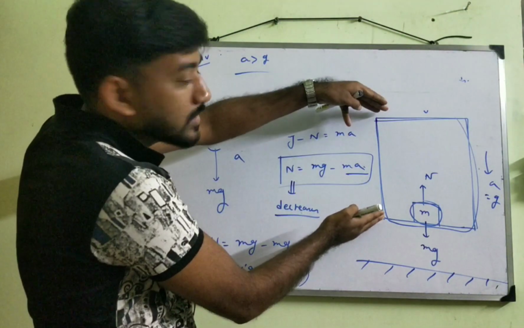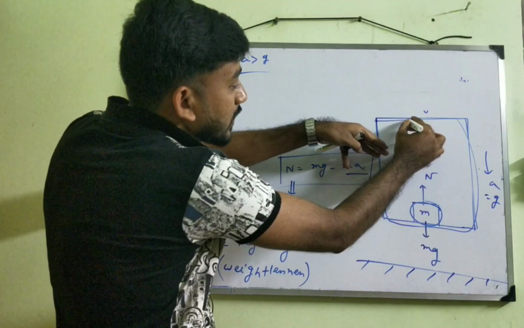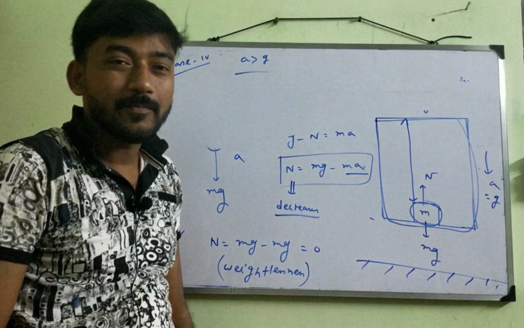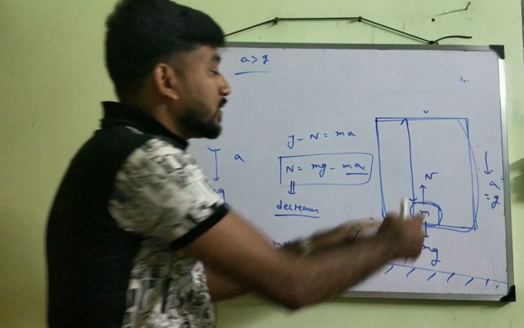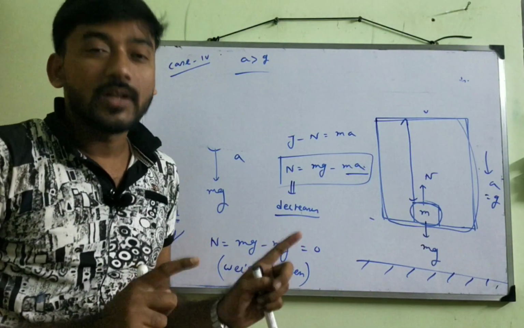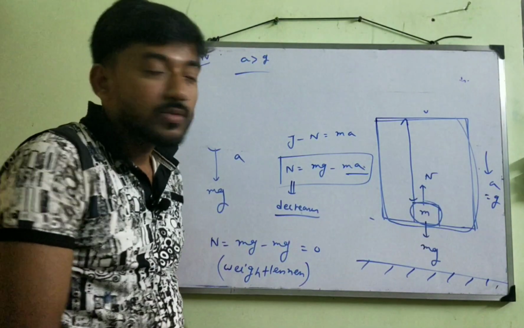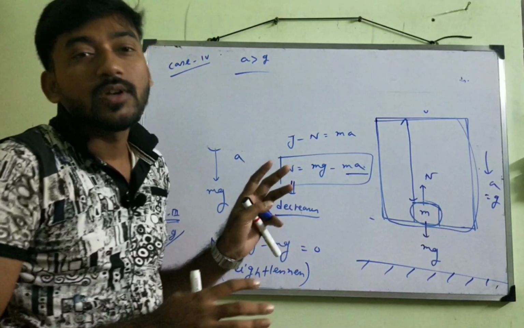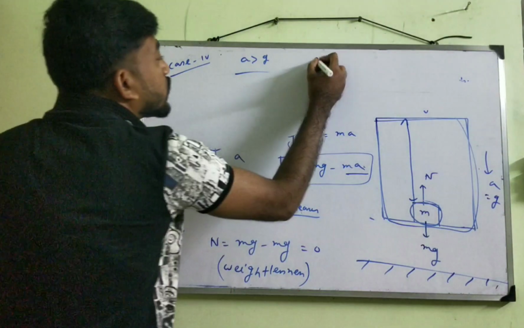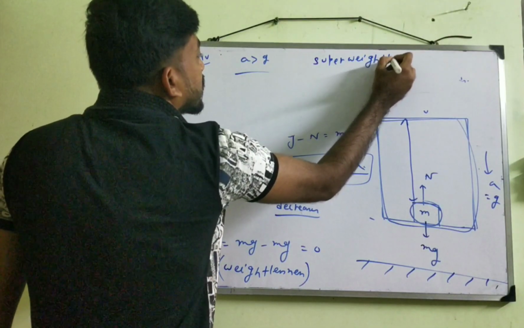So when the lift is moving downwards with greater acceleration, the distance between the roof of the lift and the mass m will continuously decrease, and very shortly this object will reach the roof of the lift, and all the objects within the lift will be attached to the roof. That condition is called super weightlessness.